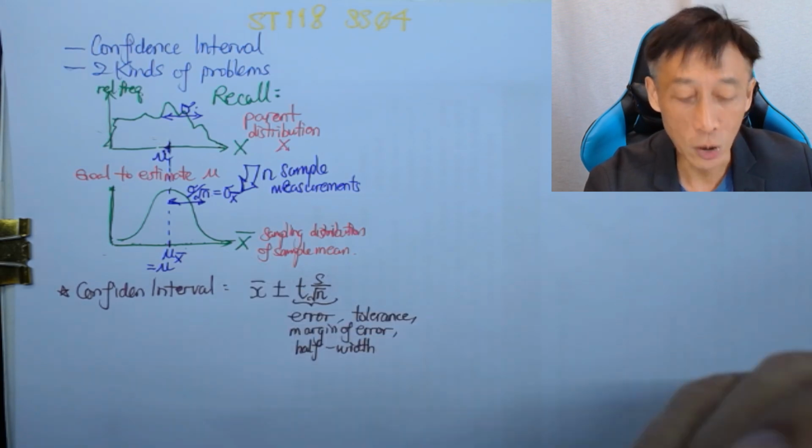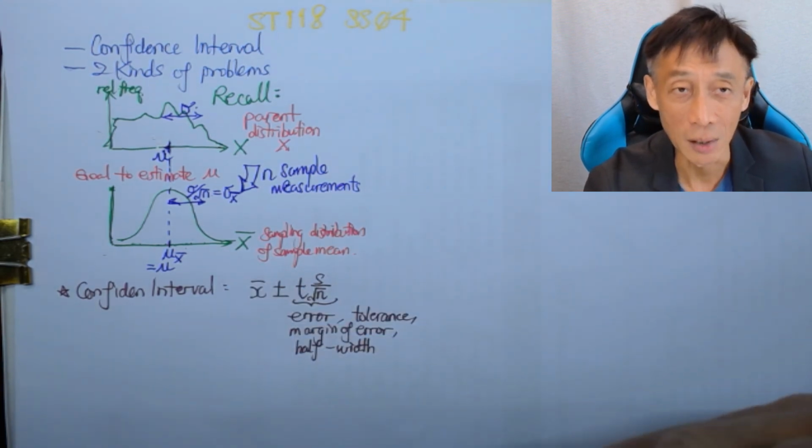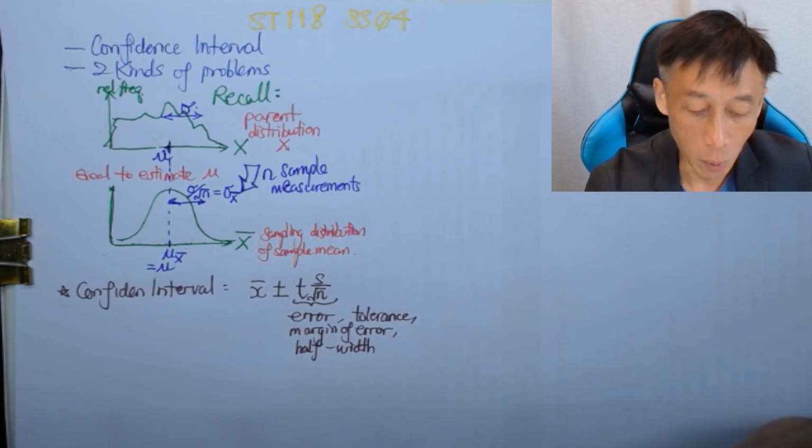So I'm not going to discuss too much about all these differences between t and z, the standard normal distribution.